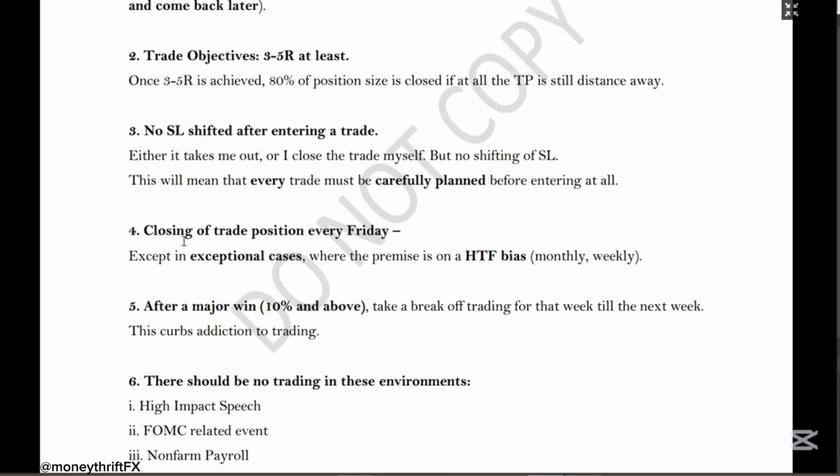Closing of trade positions every Friday, except in exceptional cases where the premise is on the higher time frame bias. We have people who trade daily and who trade in the short term, so they close their trades every day or before the week ends.